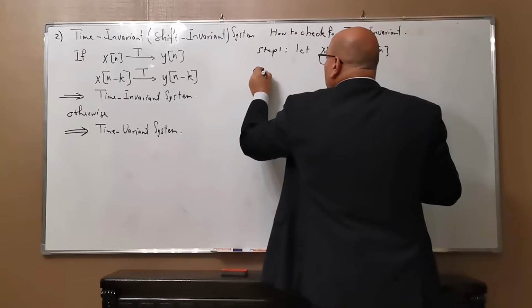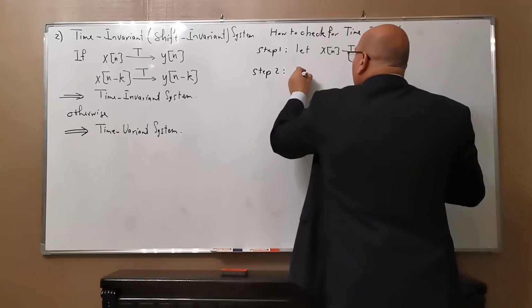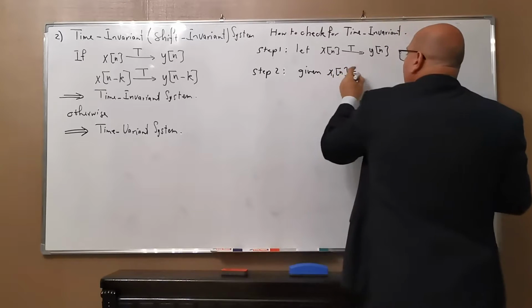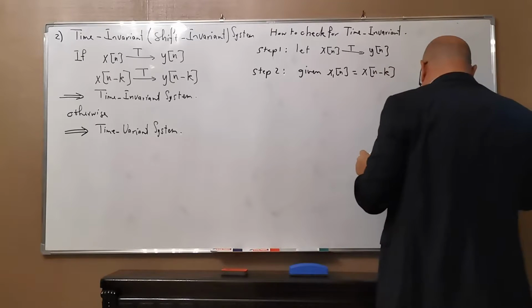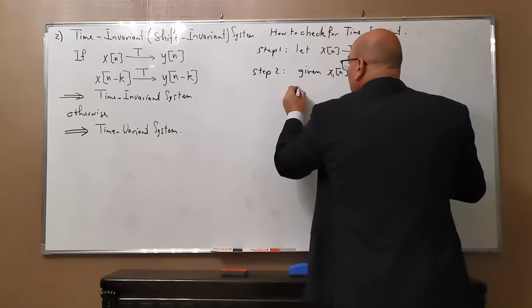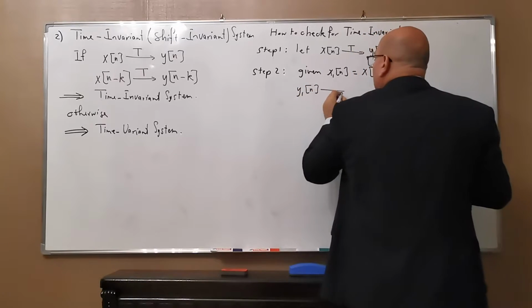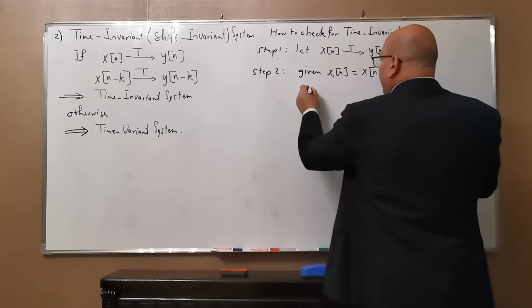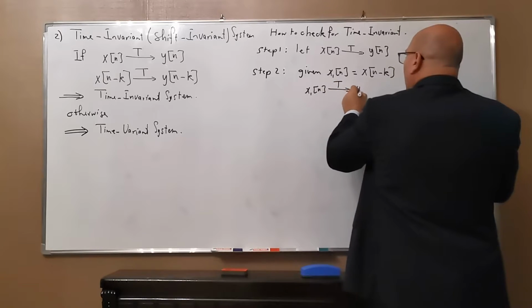Step number two, given x1 of n to be a shifted version of x, find y1 of n, and apply this x1 of n to the system to get y1 of n.